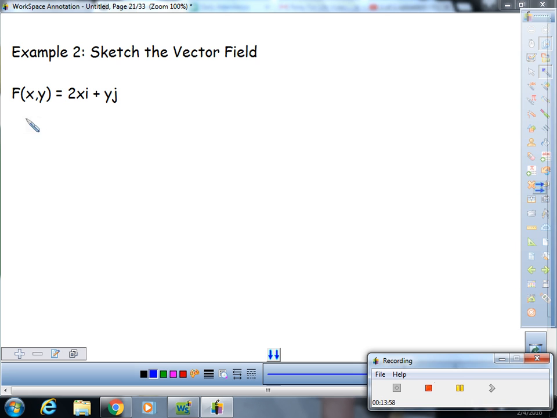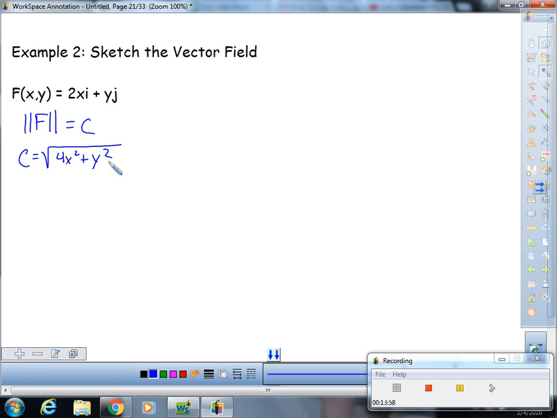So we want the magnitude of f to be constant. So we want to figure out where we should plot points so we have vectors that are equal magnitudes. So that means c is equal to the square root of 4x squared plus y squared, right?